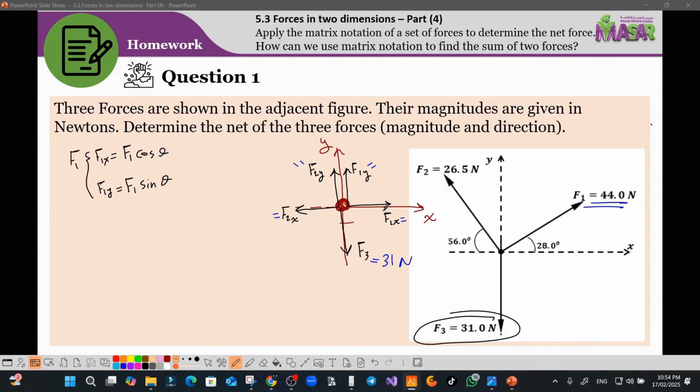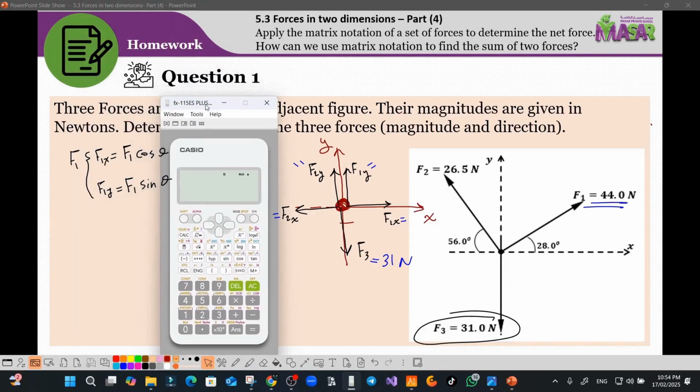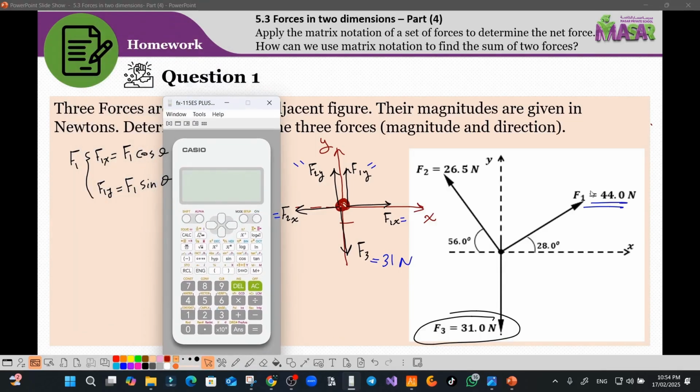We must calculate the F1x by using this relationship. So let me start with the F1x. F1 is given by 44 multiplied by cosine, because I'm looking for the F1x. The angle is 28, and the answer is 38.48.